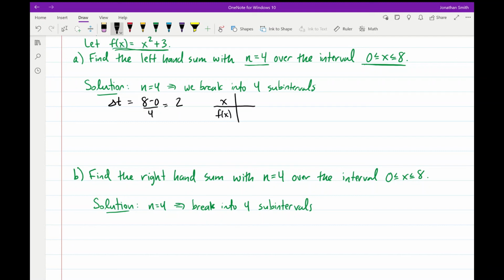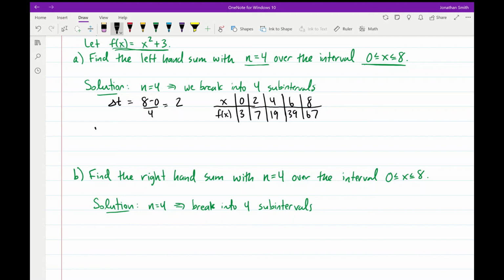So we're starting at x equals 0, and we're increasing by 2 until we get up to x equals 8. And now we're going to take each of those x values and evaluate them with the function f. So at 0, we get a 3. At 2, we get a 7. At 4, we get a 19. At 6, we get a 39. And at 8, we get a 67.